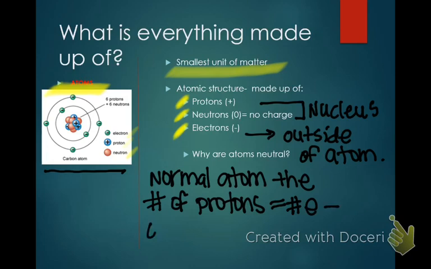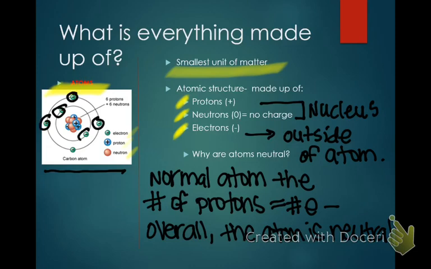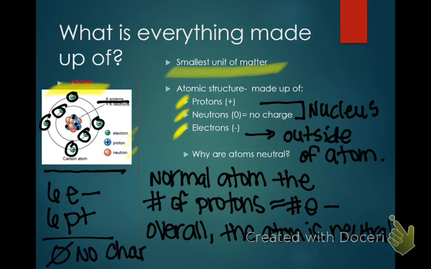So overall, the atom is neutral. And we can see that in this example right here, right? We have 1, 2, 3, 4, 5, 6 negative electrons, and it tells you right here, 6 positive protons. So negatives and positives even each other out, no charge. Okay, and hopefully you remember some of this from that reading study guide paper.